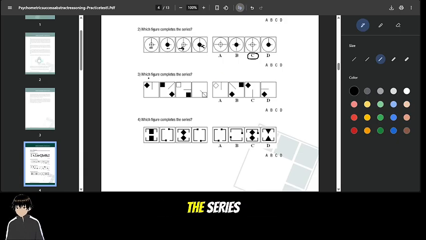Which figure completes the series? So you have a, what do you call this?